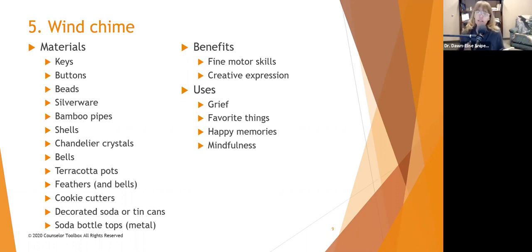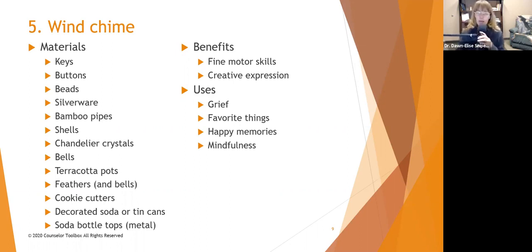Now, wind chimes provide fine motor skills and emphasize creative expression. You can use them to help people address grief. When the wind chime jingles in the wind, it reminds them of that person or situation that is no longer with them, that is important to them.